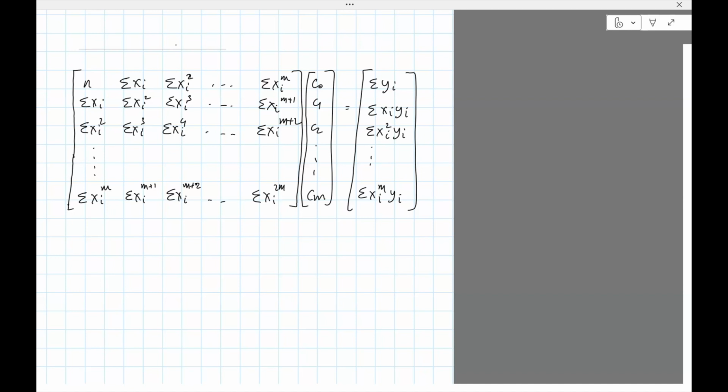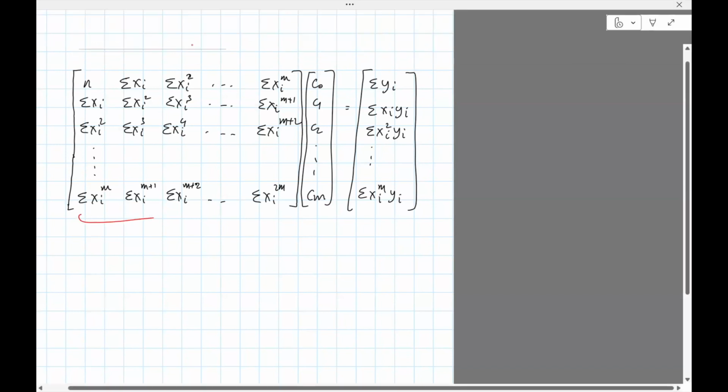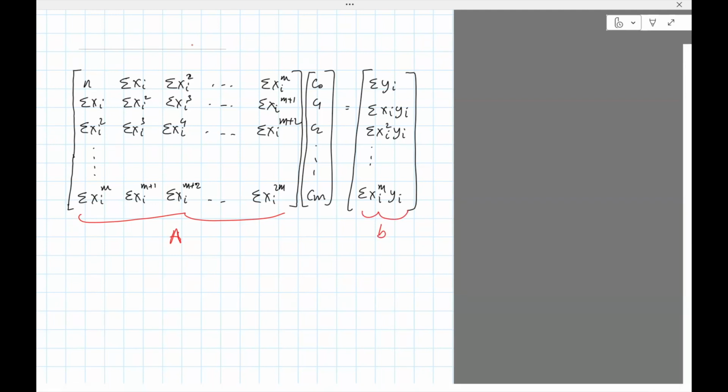Okay, so what we have here is the A matrix. Let's call this the vector B. And this thing here is C. A is known because it comes from a data set. B is known, it also comes from a data set because you're given x_i, y_i. C is the unknown.